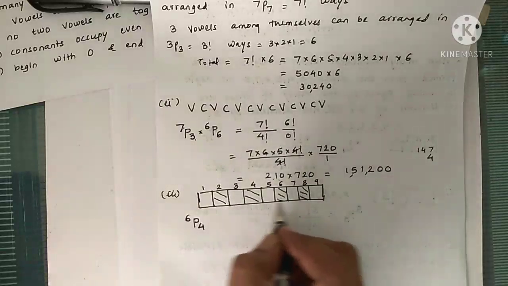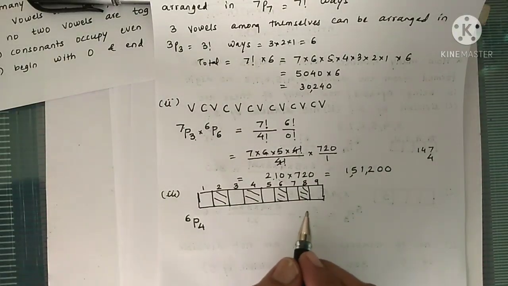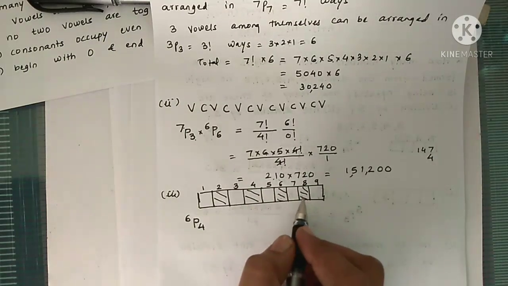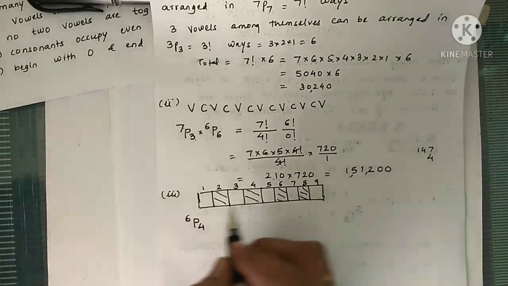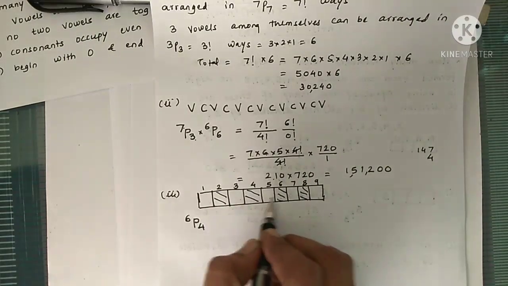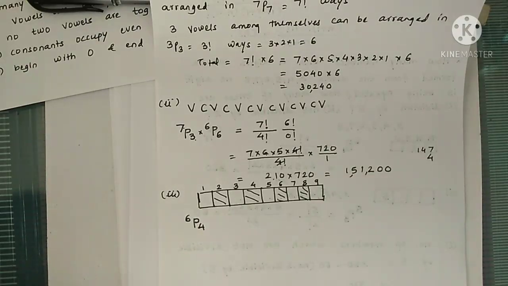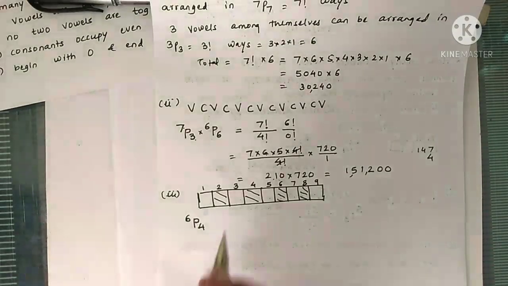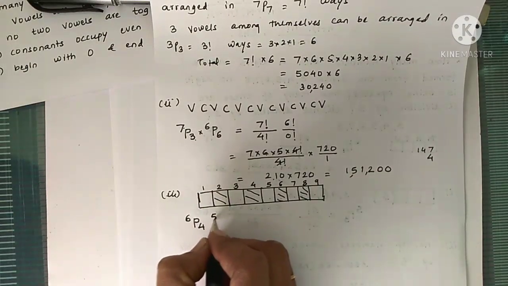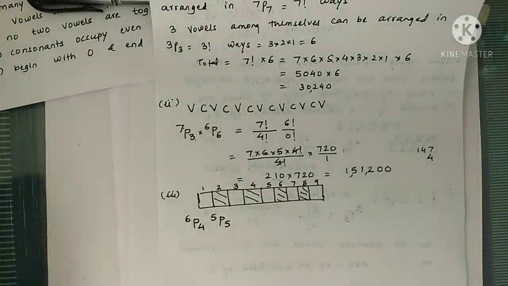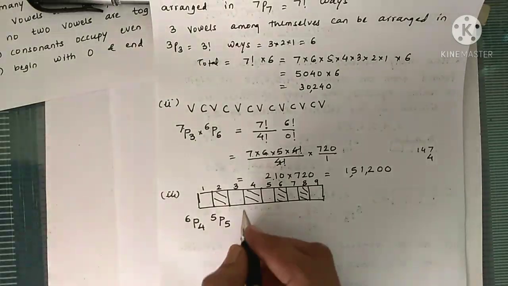Now, arranging the 4 consonants, we have 2 consonants remaining. Now for the remaining 1, 2, 3, 4 and 5 places, they are to be filled with 3 vowels and 2 consonants. So we have in all 5 letters and 5 positions, so that can be arranged in 5P5 ways.